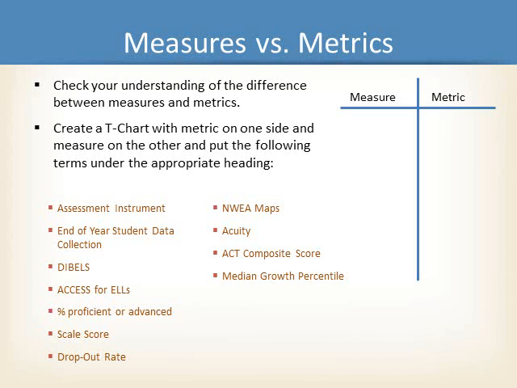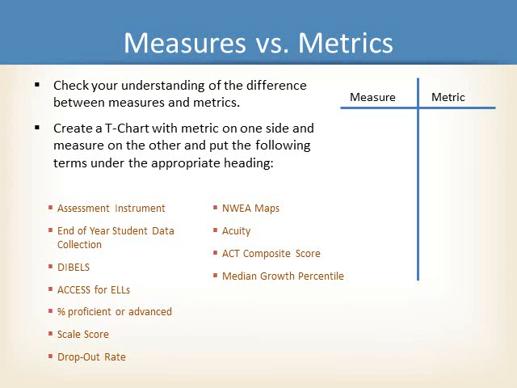Before we start talking about performance data in any further detail, let's review a couple of key terms: measures and metrics. Check your understanding of the difference between measures and metrics by creating a T-chart with metric on one side and measure on the other.